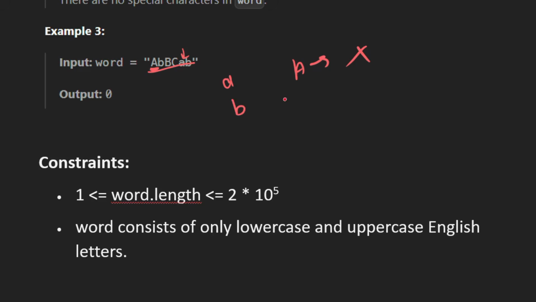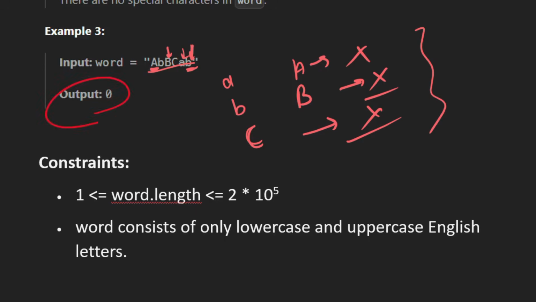Then for b, it appears in both lowercase and uppercase, but here this lowercase b is appearing after this uppercase B, so it is also not special. And for c, we do not have c in lowercase, so it is also not special. So here also none of them is special, so our output is 0.